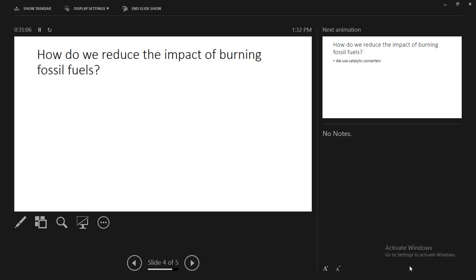Simply put, we use devices that are called catalytic converters. We use catalytic converters. Cars have catalytic converters. Big coal burning power plants have catalytic converters.